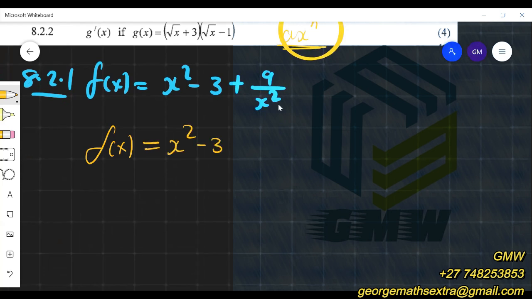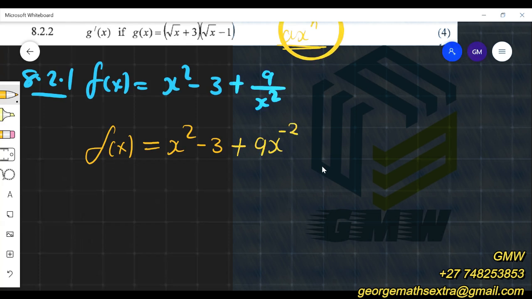Then what do you think we can do here? This is the part that is giving us problems. You can take the x up and make the exponent negative. So what do I write? 9x to the power minus 2.